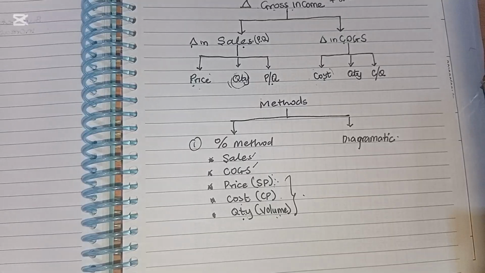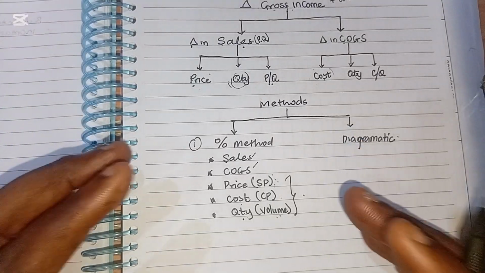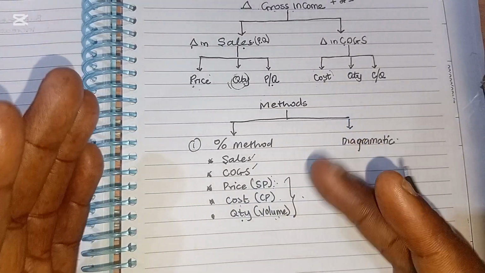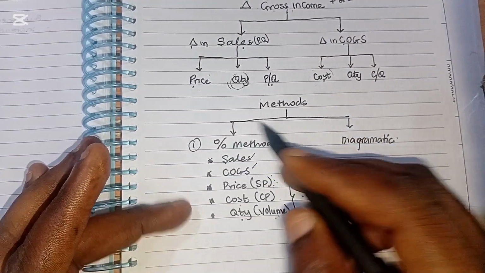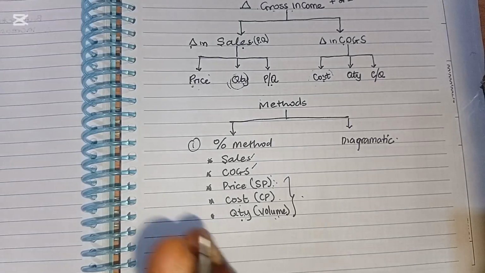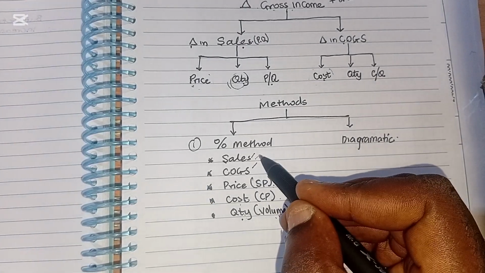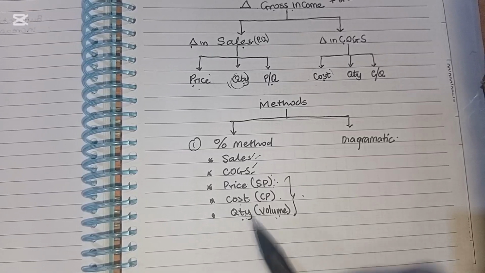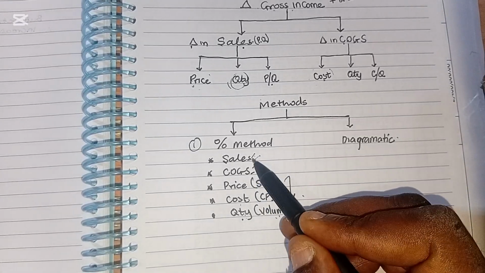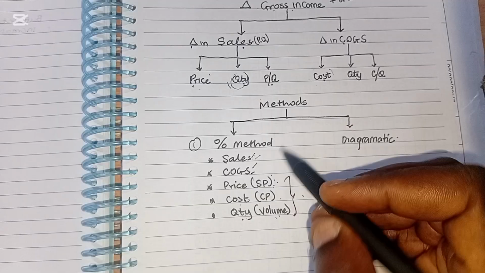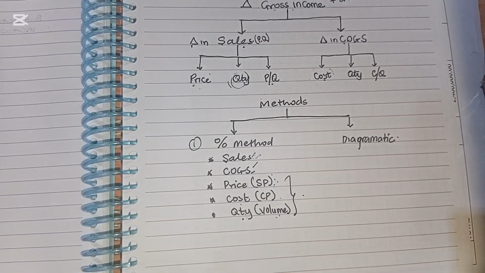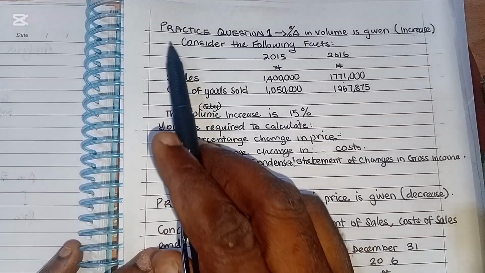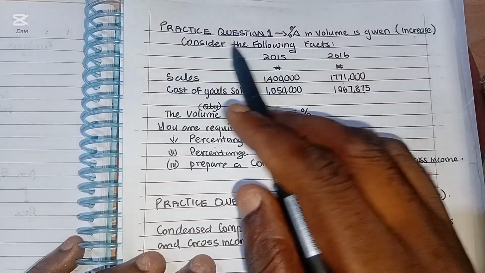Okay, class. Now let's look at a question to do the analysis. To do this analysis, the income statement of a company will be given to you, showing the sales and the cost of goods sold only, because the excess of this over this gives the gross income. All right, let's look at practice question one.